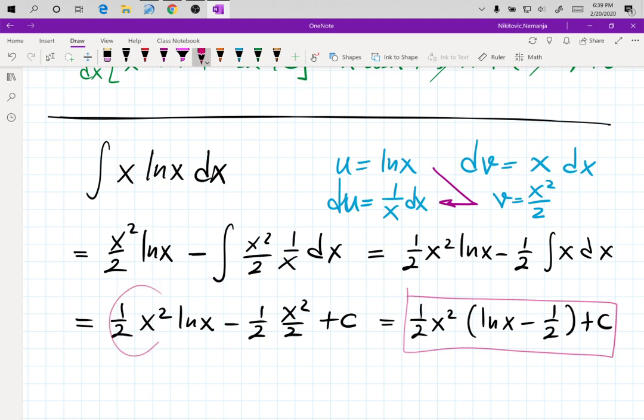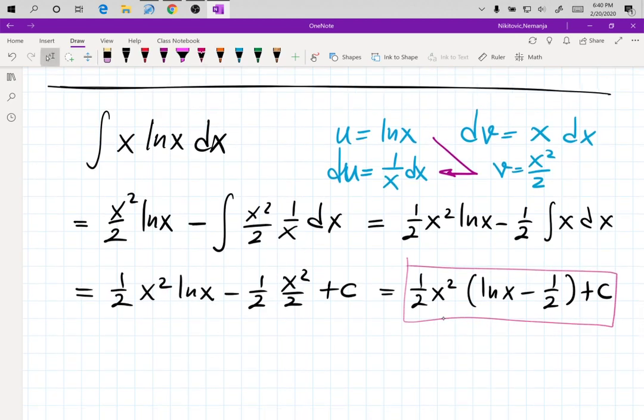So we have 1/2 x squared, x squared over 2 and x squared over 2. We can pull that out, and the leftover is ln x minus 1/2, and then we have a plus c. You don't believe me? Go ahead, differentiate. It will work out, and we're done.